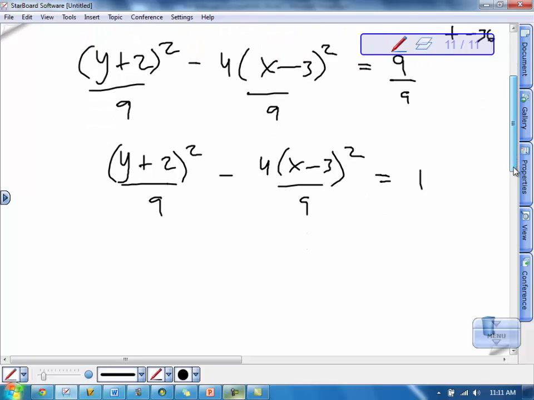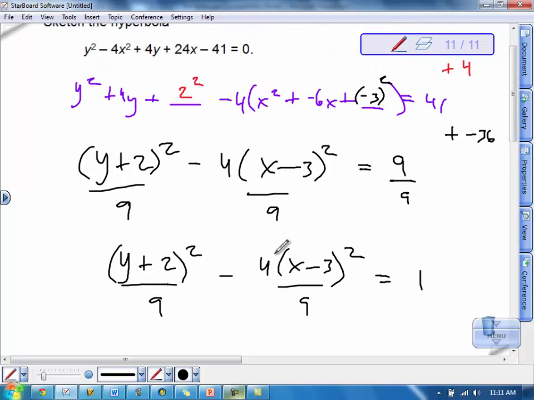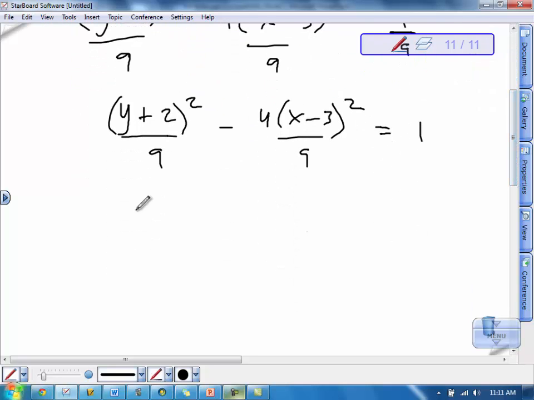Now this is kind of a weird one because of this 4 here. A is 3, and B in this case is what's underneath here. Multiplying by 4 is the same as dividing by 1/4. So I can actually move the 4 to the denominator of this fraction.